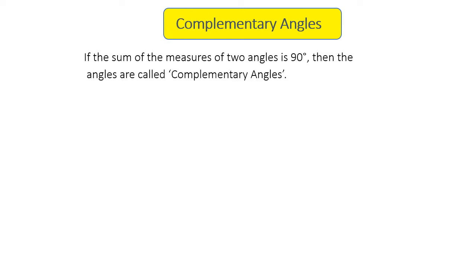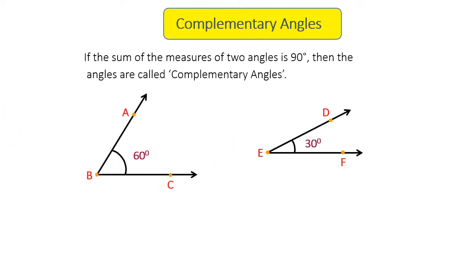Now we will learn some words which describe the relationship between two different angles. The first word is complementary angle. If the sum of two angles is 90 degrees, then they are called complementary angles of each other. So in this example, angle ABC, how to write?